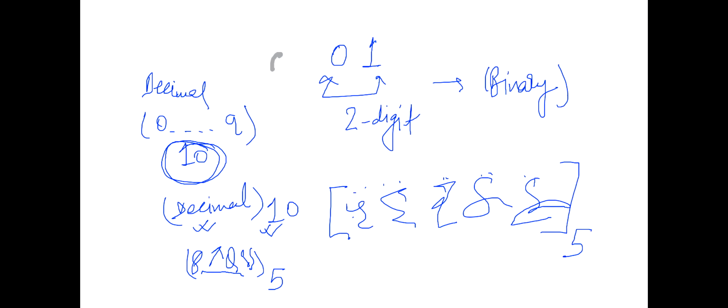Now come to the binary representation. In binary representation, we have two values, 0 and 1. So whatever number you want to form, whether 1 million, 2 million, 1 trillion, or anything else, you have to use only these two values, 0 and 1.